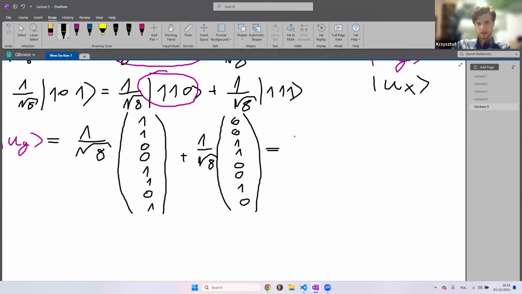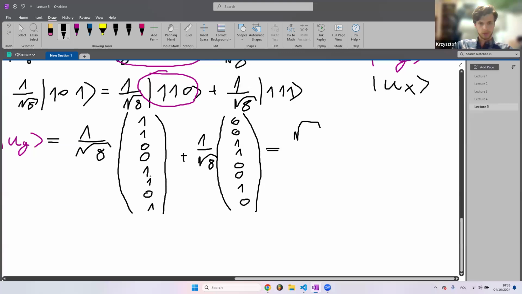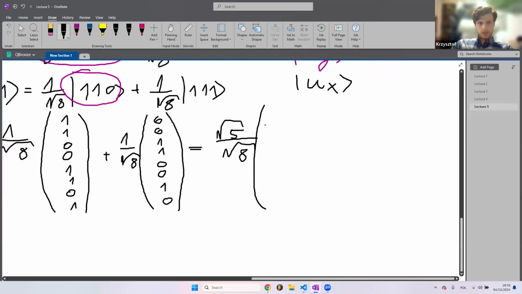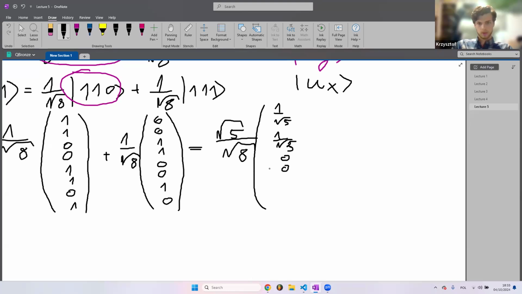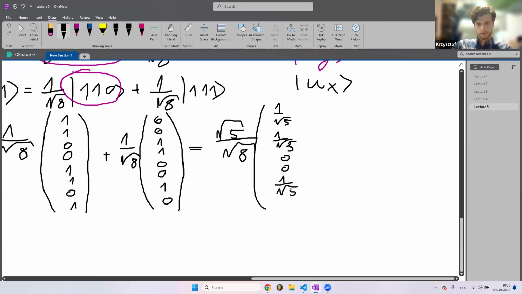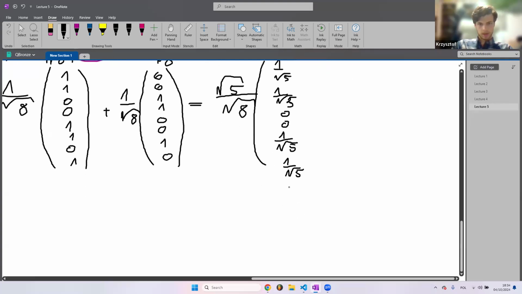In this case, we have 1, 2, 3, 4, 5 elements, so I take the square root of 5 from this, to get 1 over square root of 5, 1 over square root of 5, 0, 0, 1 over square root of 5, 1 over square root of 5, 1 over square root of 5, and 0, 1 over square root of 5.